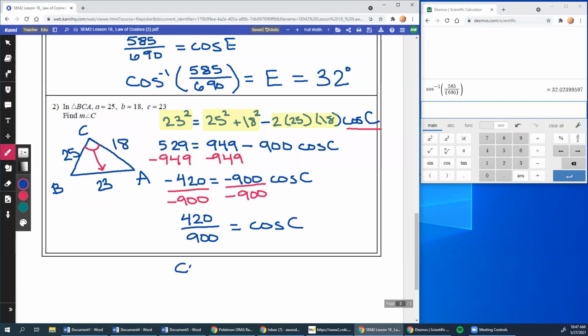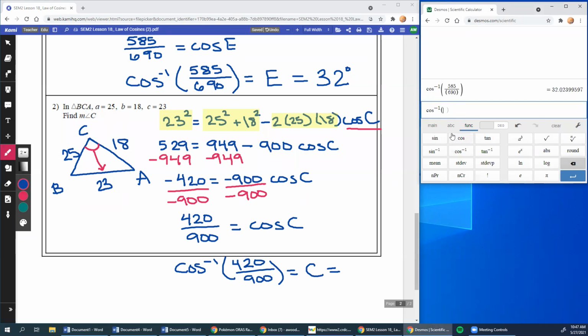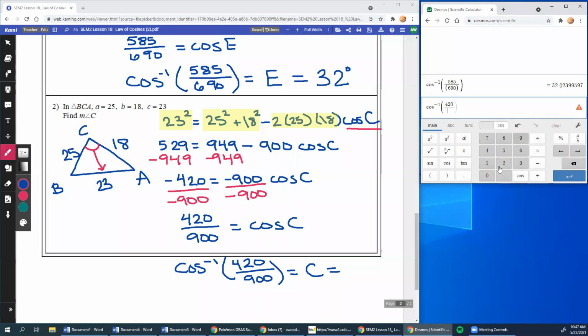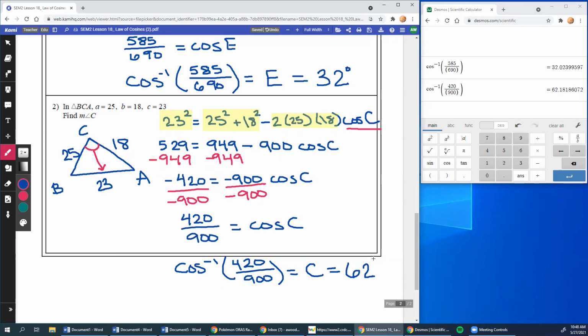So now, inverse cosine of 420 over 900 is equal to C, which, calculator, inverse cosine, 420 divided by 900 is equal to 62.1, which we will keep at a nice 62 degrees.